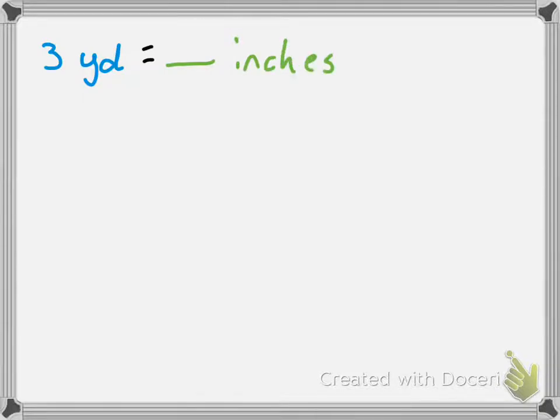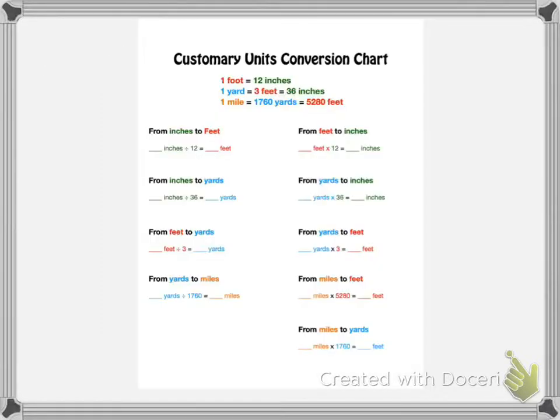okay, I'm going to jump back to the previous page. And you can see here, I'm going to go from yards to inches. If you find yards to inches, yards is in blue, and then inches is green. So yards to inches, it says blank yards times 36 equals blank inches. So if I'm going from yards to inches, I have to multiply by 36.